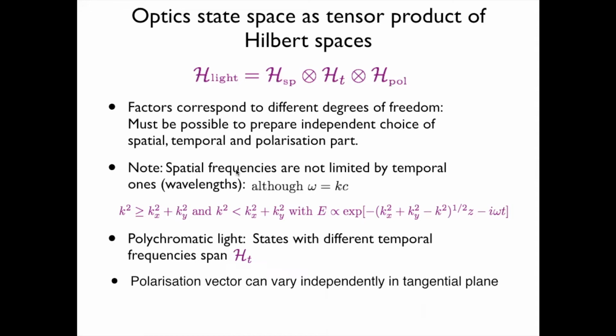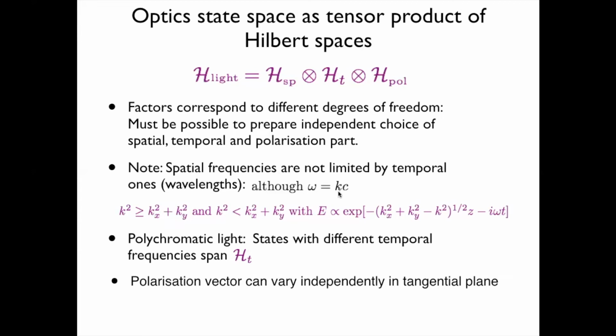In order to actually say that these are different degrees of freedom, we must be able to choose them independently, and we have to look at this a little closer, because we know that there is a relation between this constant omega that appeared in the temporal part and the spatial frequency k.